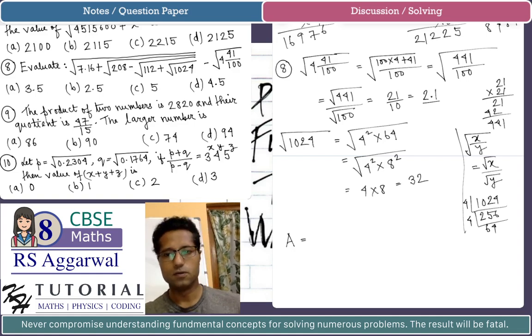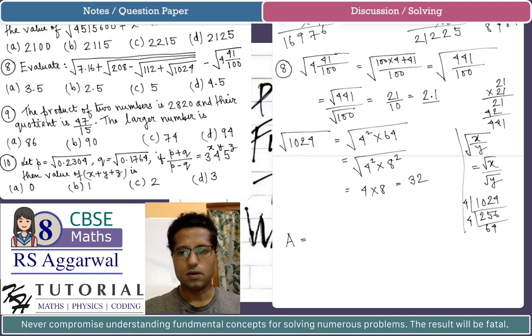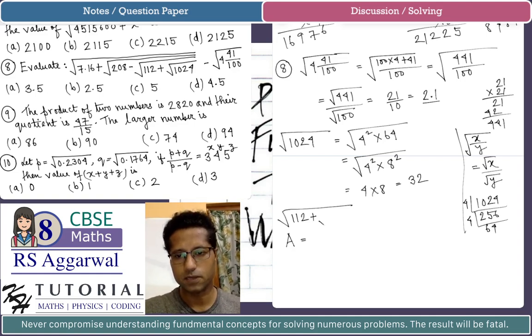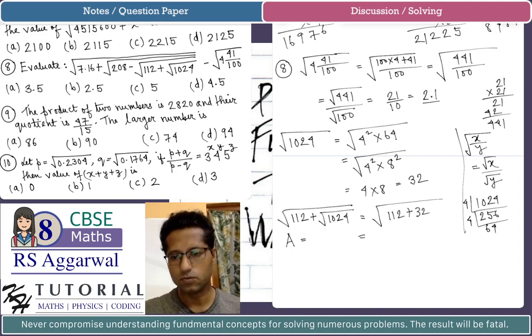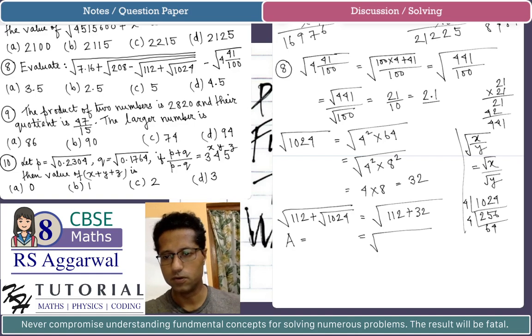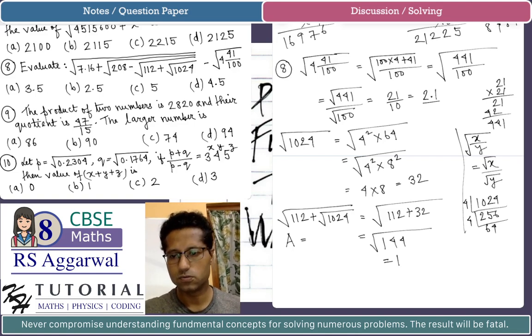Now the square root of 112 plus the square root of 1024 will be equal to the square root of 112 plus 32. 112 plus 32 is 144, and we know that the square root of 144 is 12.